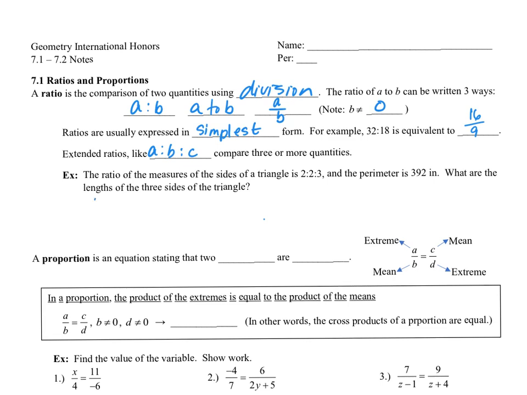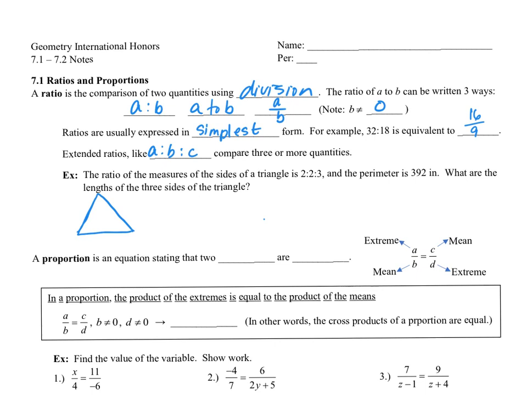But if we knew what those 3 measures were, they would reduce to 2 to 2 to 3. Now, just like when we reduced 32 to 18 down to 16 to 9, we found a common factor and divided it out. In this case, that common factor was 2. Well, we don't know what the common factor is.